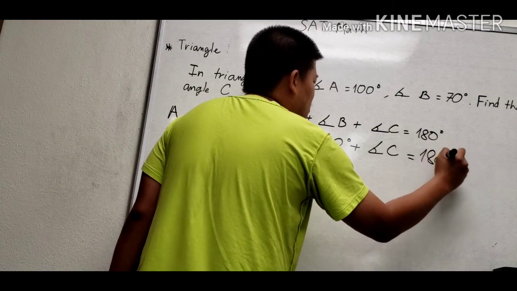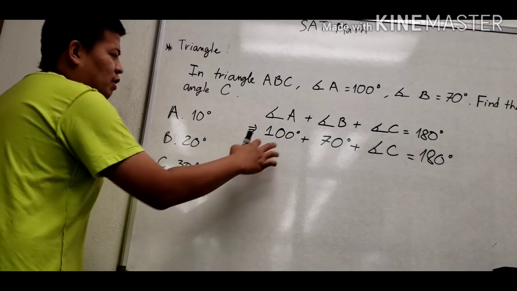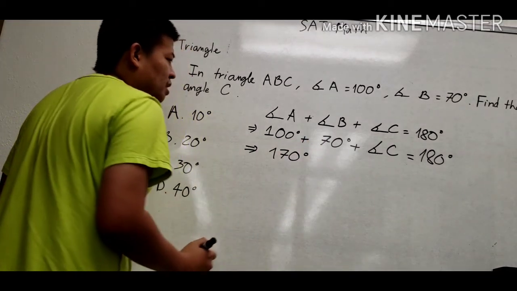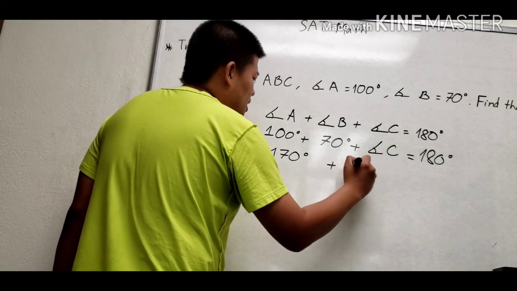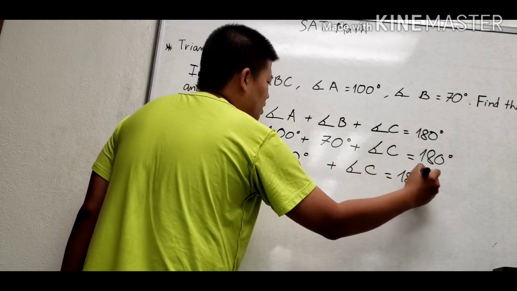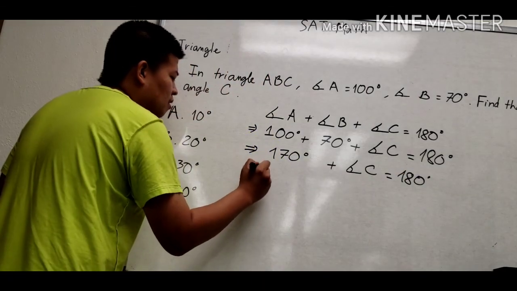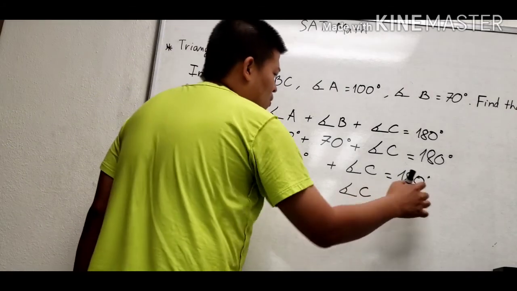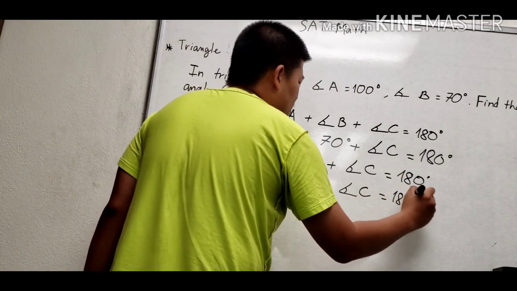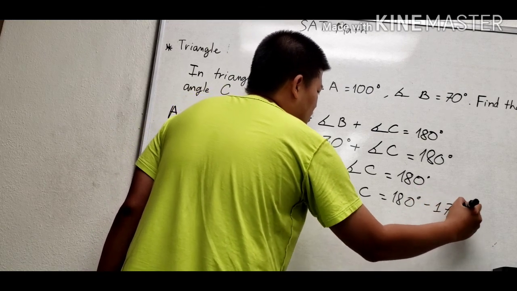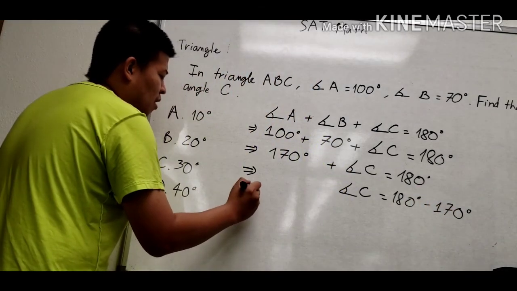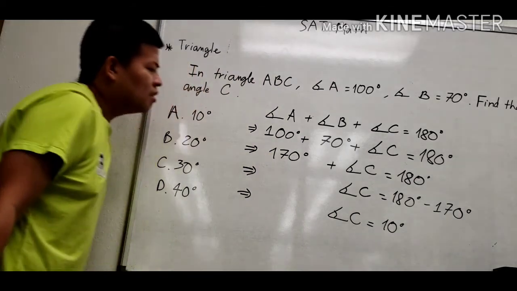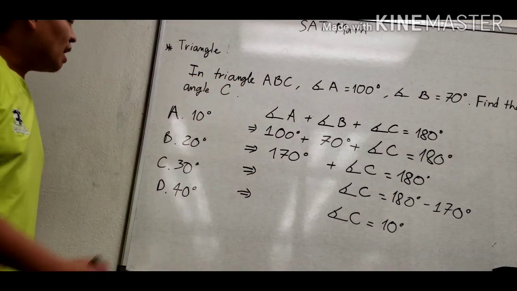We sum the two numbers and get 170 degrees, plus angle C equals 180 degrees. So we move 170 to the right, 180 minus 170, and angle C is 10. So the answer for the question is A.